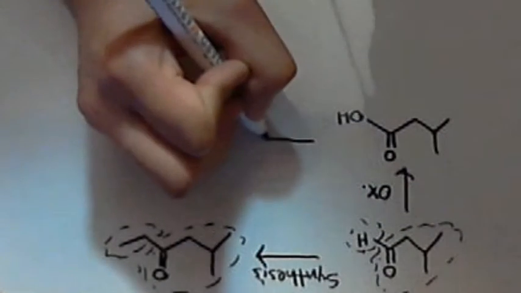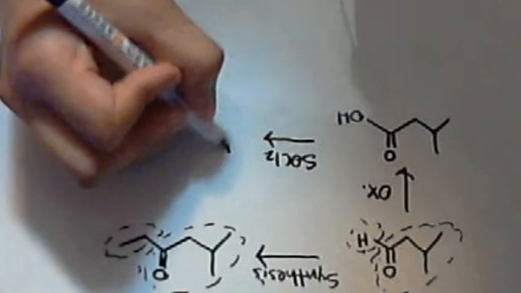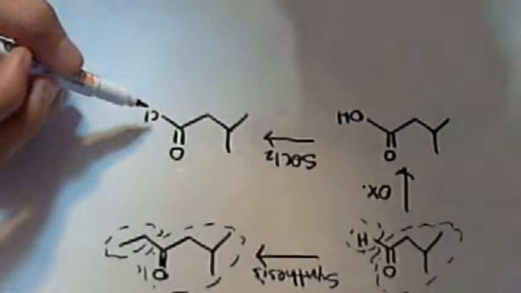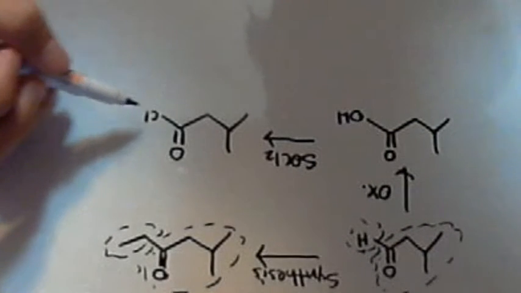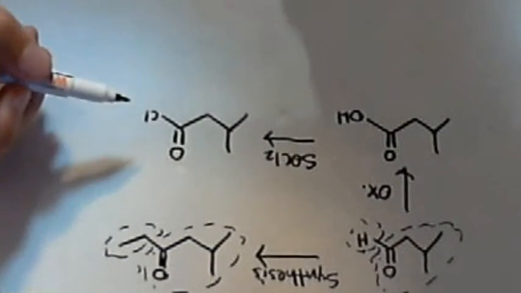And now from the carboxylic acid, we know thionyl chloride. So that's going to allow us to go to that leaving group that we wanted. And then we said, okay, now that we have this leaving group, we know a reaction that's going to allow us to exchange that Cl with two carbons, right?